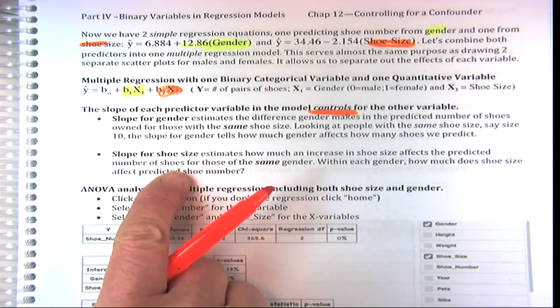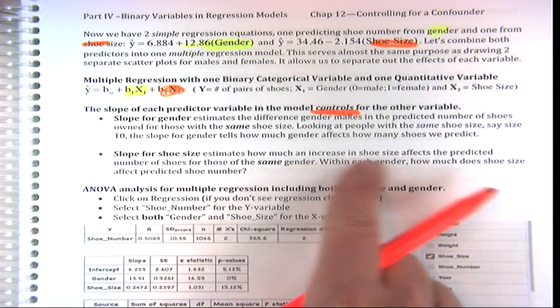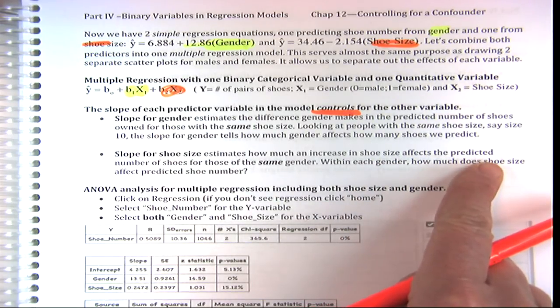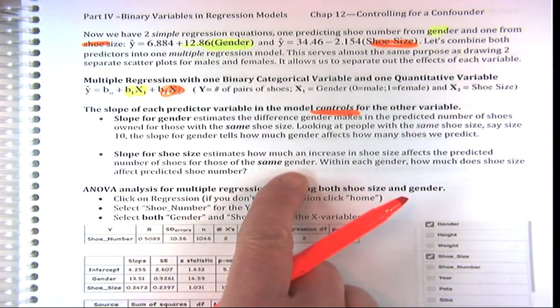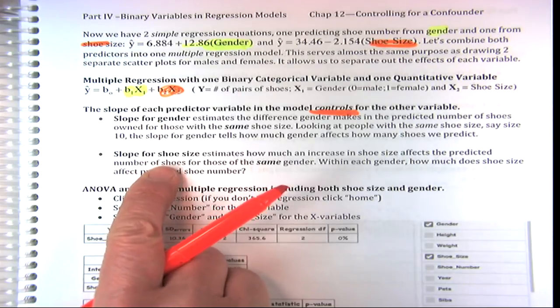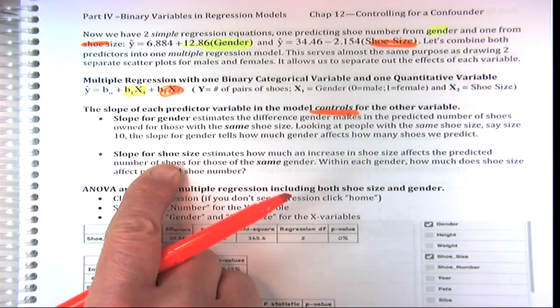And similarly, the slope for shoe size does what? It estimates how much an increase in shoe size affects the predicted number of shoes for those of the same gender. So this slope's pretty much going to disappear because we said shoe size doesn't make that much difference at all.